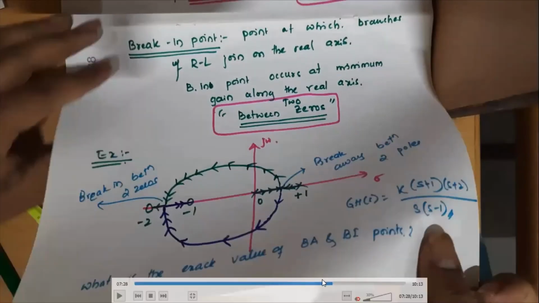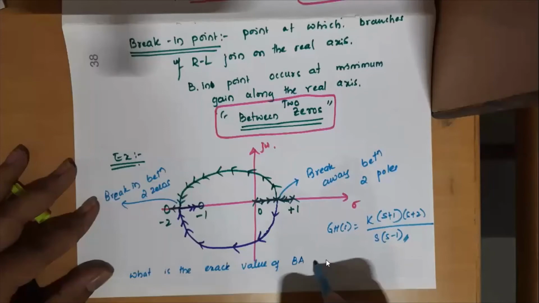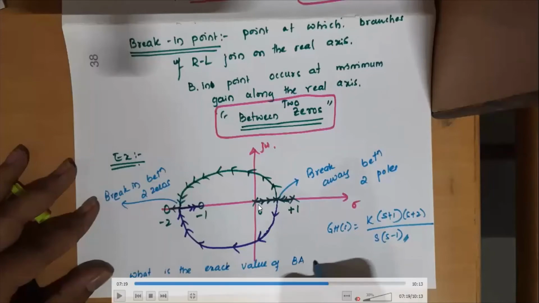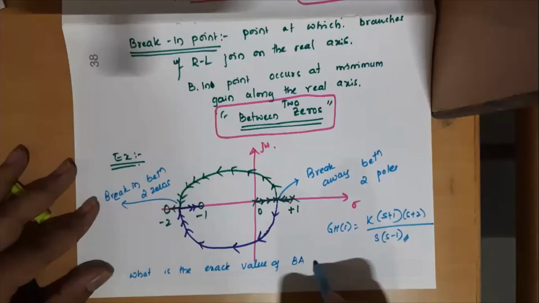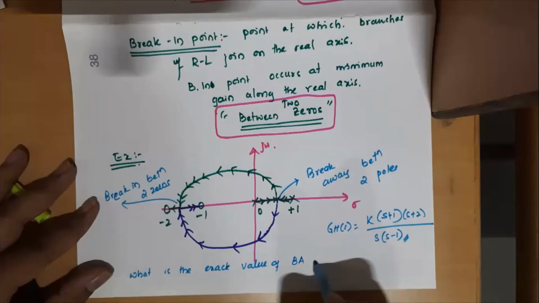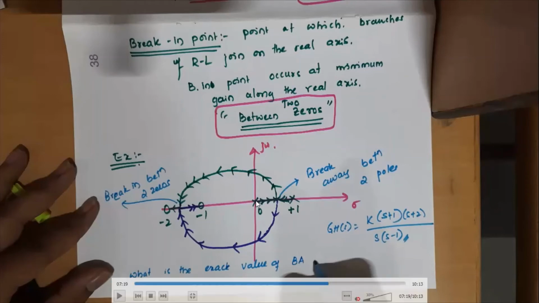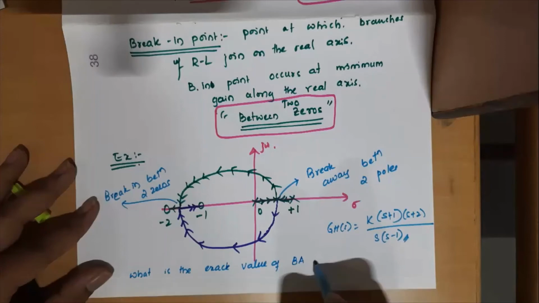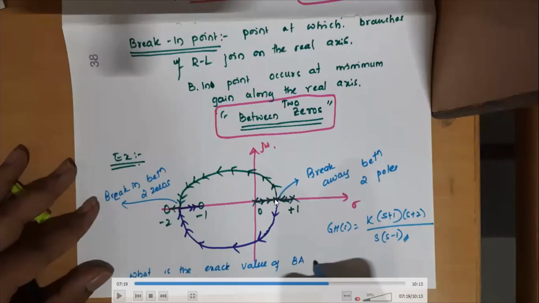For that, there is one concept. We all know that the root locus starts from a pole at k equal to 0 and ends at a zero at k equal to infinity. Here k is increasing gradually, k equal to 0, 1, 2, 3, 4, and somewhere, say k equal to 5, they are breaking away.